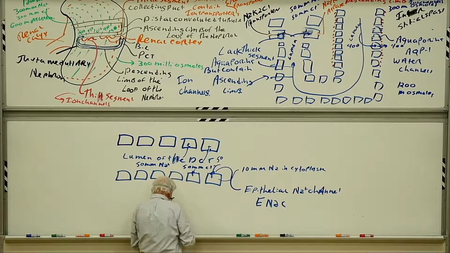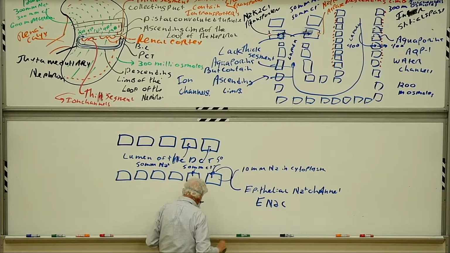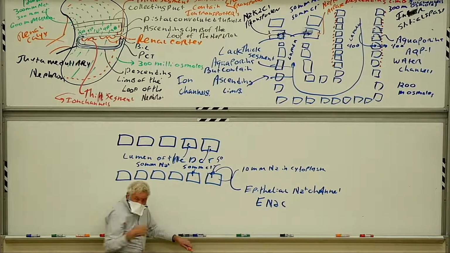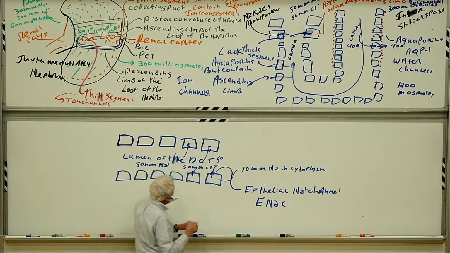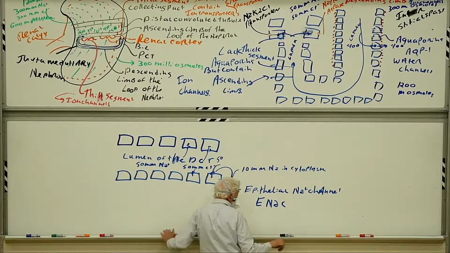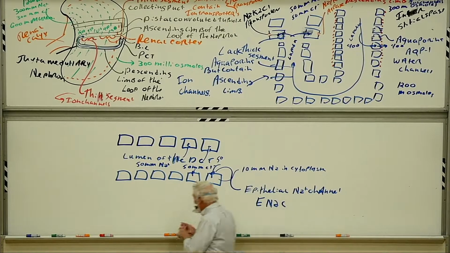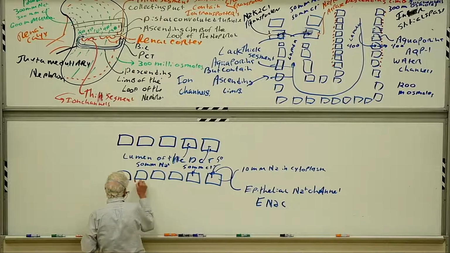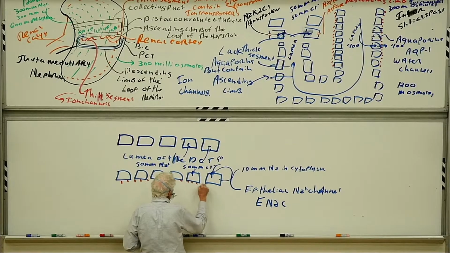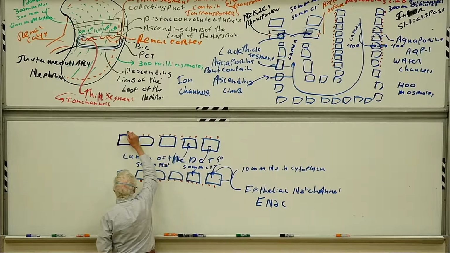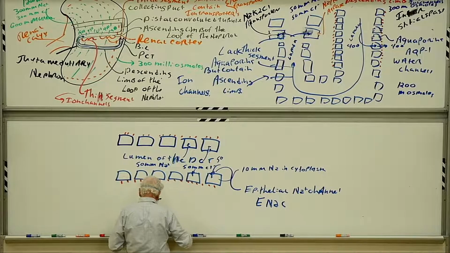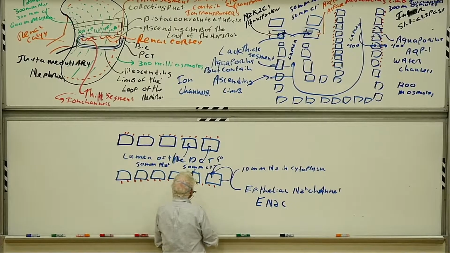But again, these little buckets are going to fill with sodium fairly fast. So we need a way of clearing the sodium. So on the basolateral surfaces, and again, we put in a basal lamina here, on the basolateral surfaces of these epithelial cells, it's going to be another protein.